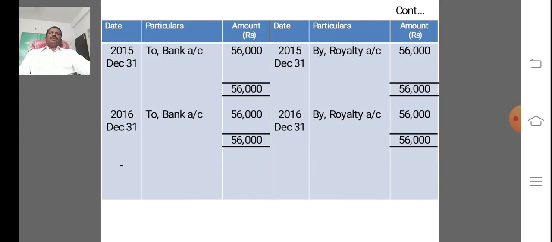In 2015 debit the bank account 56,000 and credit royalty account 56,000. And last year, 2016, debit the bank account 56,000, credit royalty account 56,000.